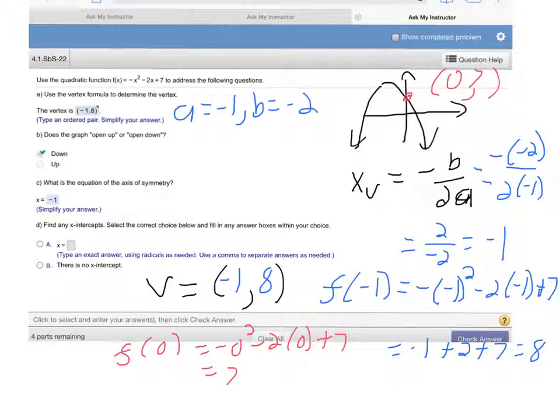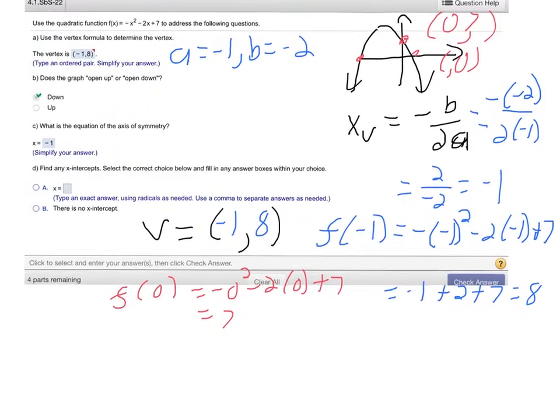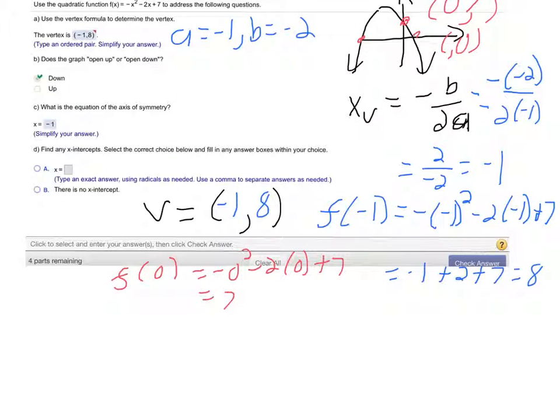Now to find the x-intercepts, what you want to do is let the y value be 0. You let y be 0 and you want to find x. So you plug in 0 for f of x here and then solve that equation. Let me move this up here where I've got room.